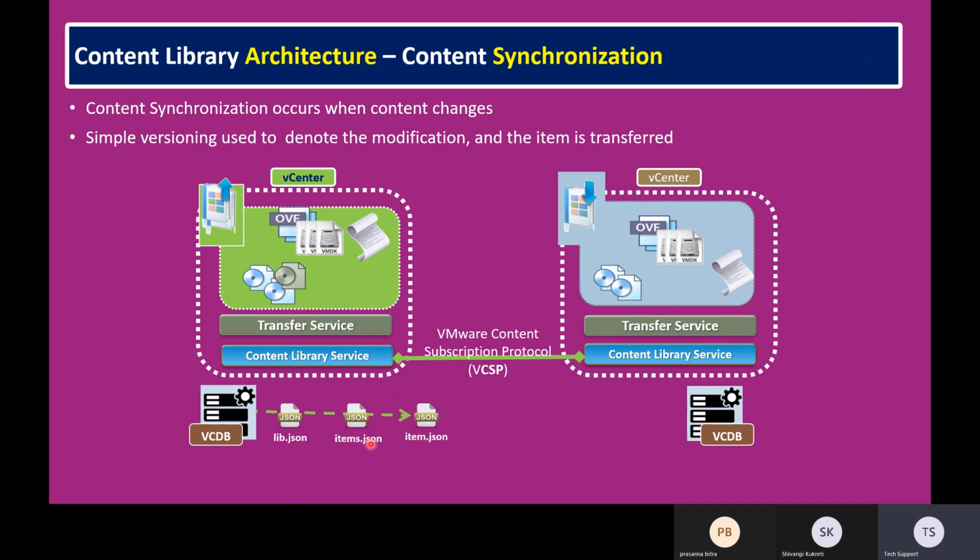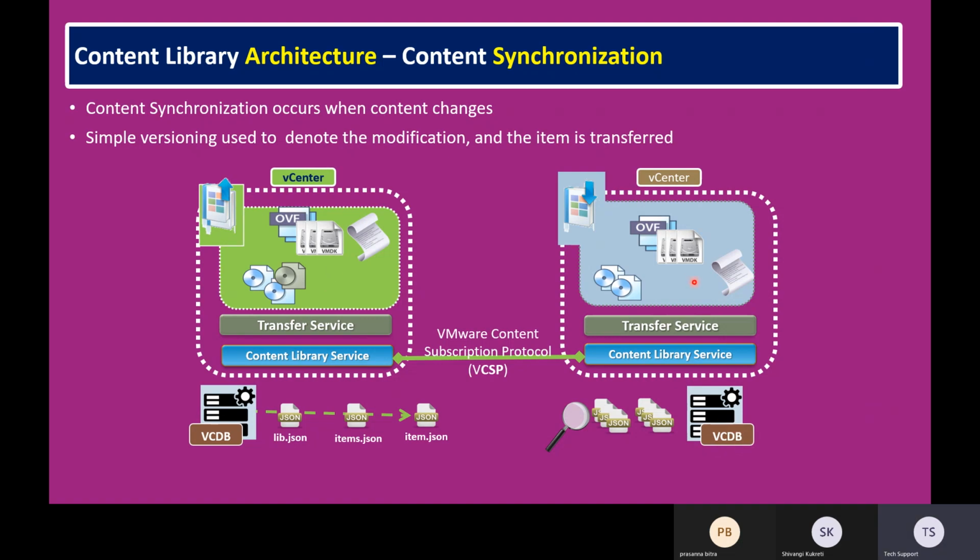Library.json, items.json, item.json. When it detects some change on a source vCenter, it will immediately send the data to the remote data center. Whatever change happens on our source vCenter, that data will be updated from the source vCenter VC database and also updated on the destination vCenter database as well.